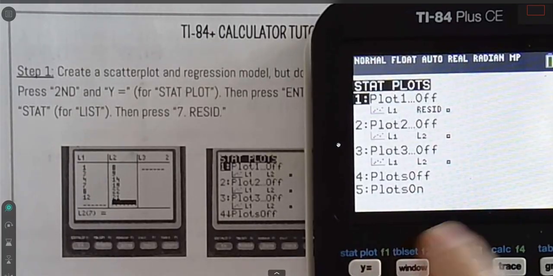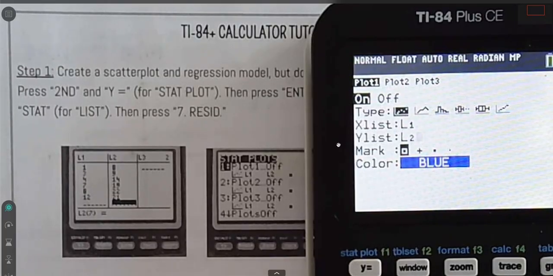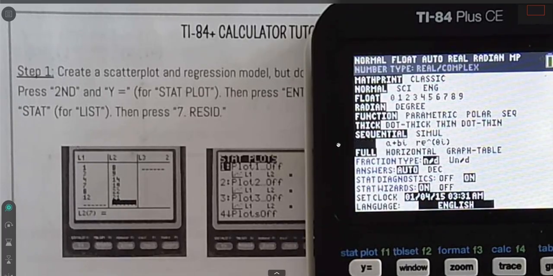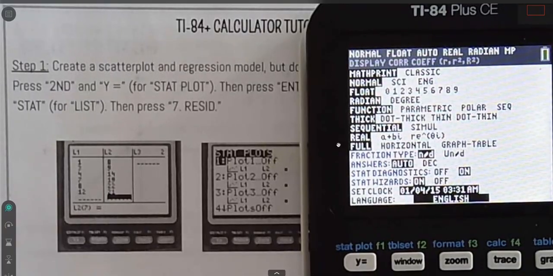So please turn stat plot on, if it's not already on. And also turn on stat diagnostics. Stat diagnostics can be found in mode. The default is off. If you have a regular TI-84 Plus, you'll have to scroll down past the screen.